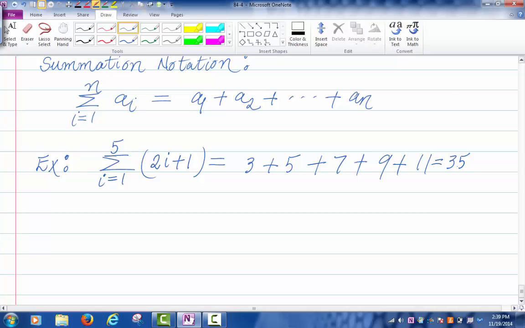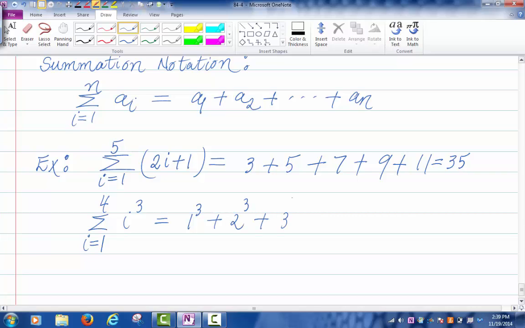Okay. Let's look at another example. Let's say I have the sum, i going from 1 up to 4, of i cubed. So in this case, the ith summand is given by i cubed. When i is 1, I get 1 cubed. When i is 2, I get 2 cubed.